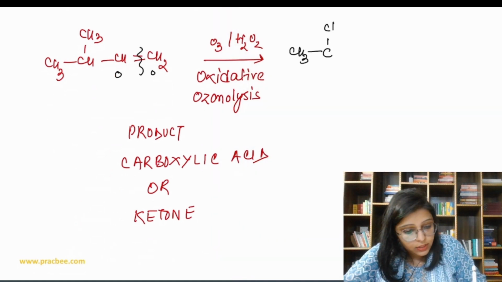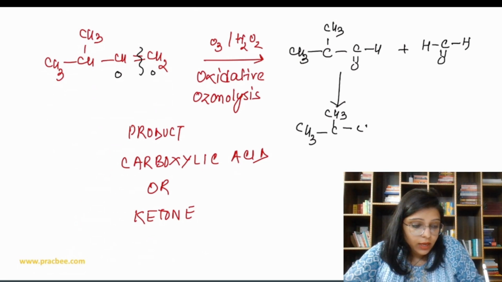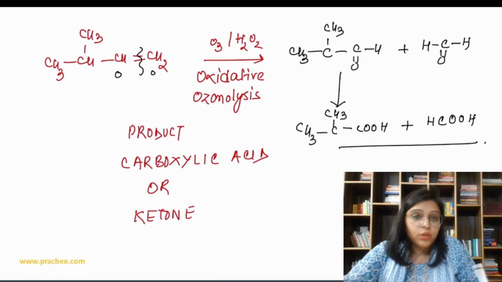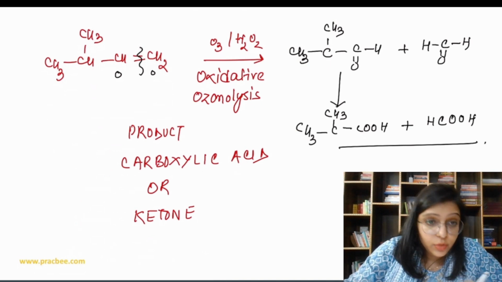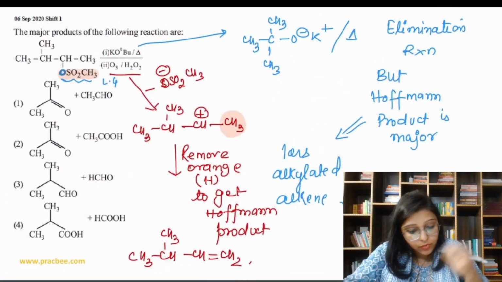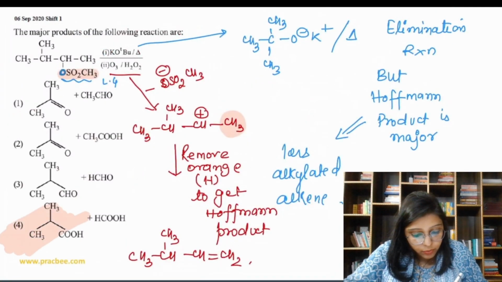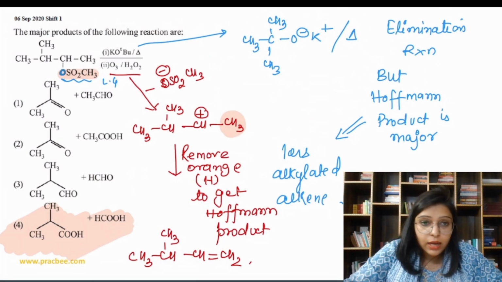So we get CH3, CH3, now C double bond O, and H, C double bond O. Now both are aldehydes, so aldehydes are oxidized to carboxylic acid. But oxidation of ketones is difficult. So if we get a ketone from ozonolysis, the ketone remains a ketone. So from that, option number 4 is the correct answer. Clear?